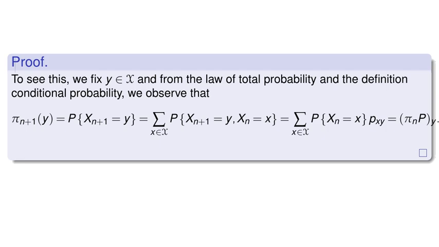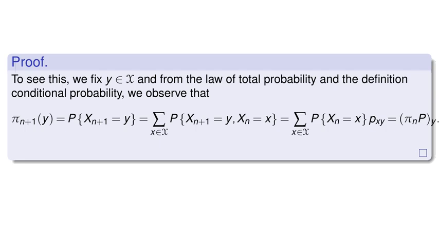To see this, for the proof, we fix y in 𝒳. From the law of total probability and the definition of conditional probability, we observe that π_{n+1}(y), which is the probability of the set X_{n+1} equals y, equals the sum over x in 𝒳 of the probability of the set X_{n+1} equals y and X_n equals x.